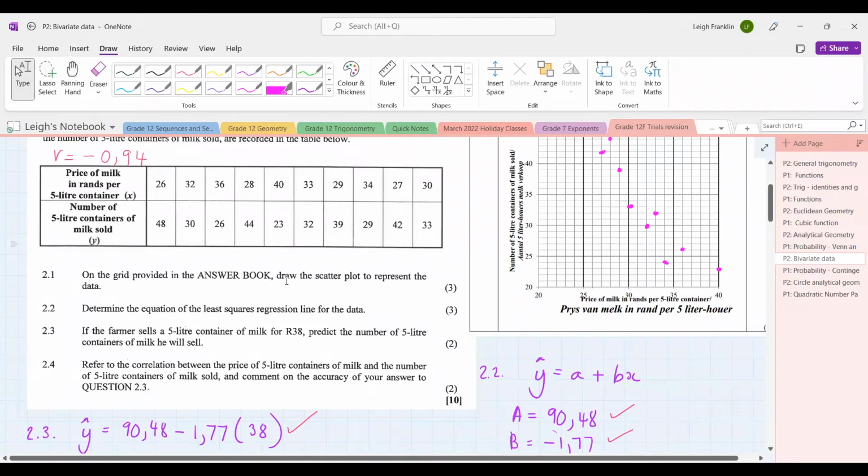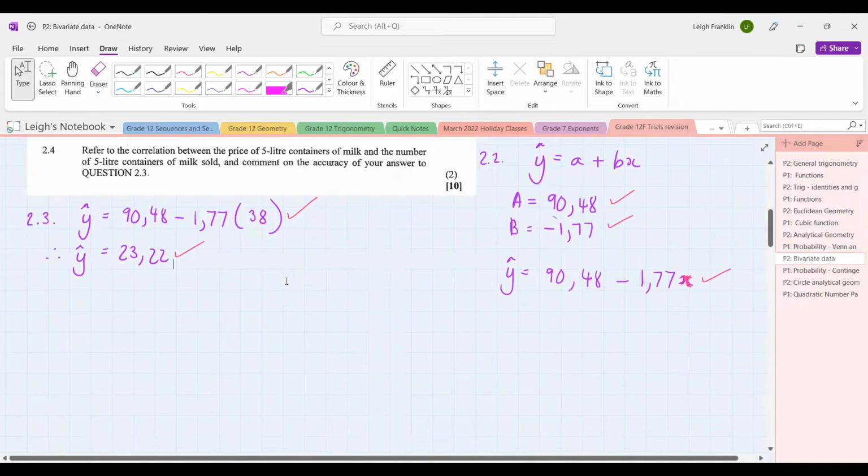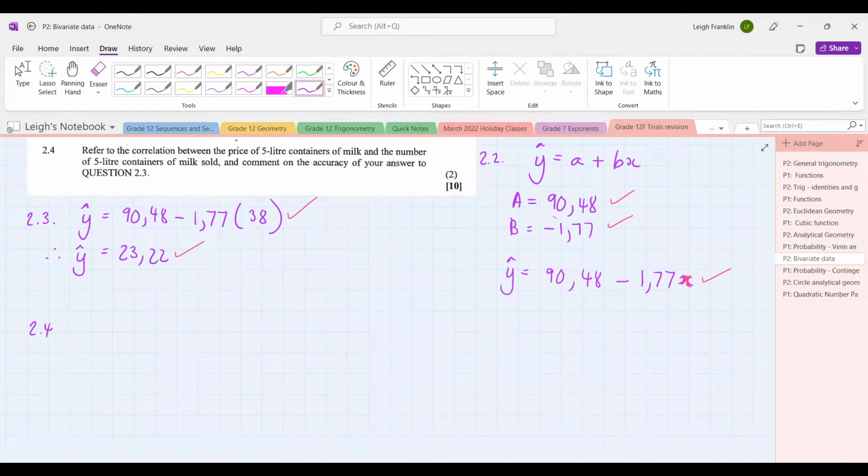So now our correlation coefficient has a value of negative 0.94. If somebody said to you, comment on the correlation coefficient, how would we describe this correlation coefficient? Remember, we have to use the words positive or negative, and then we have to describe its strength.